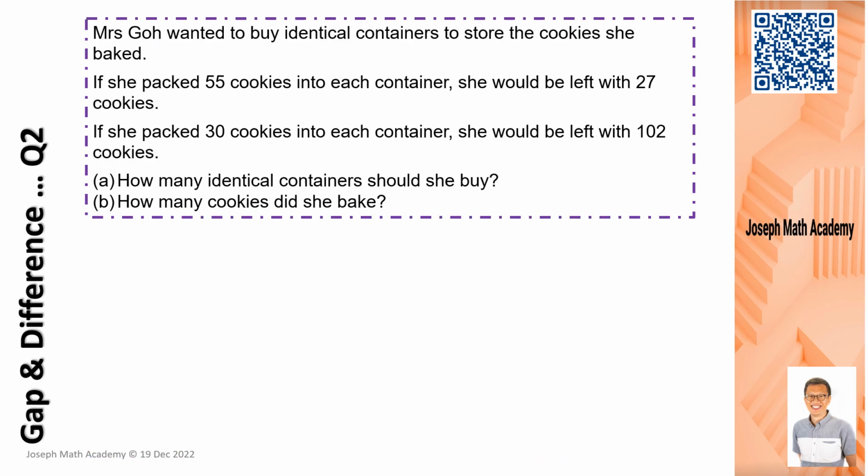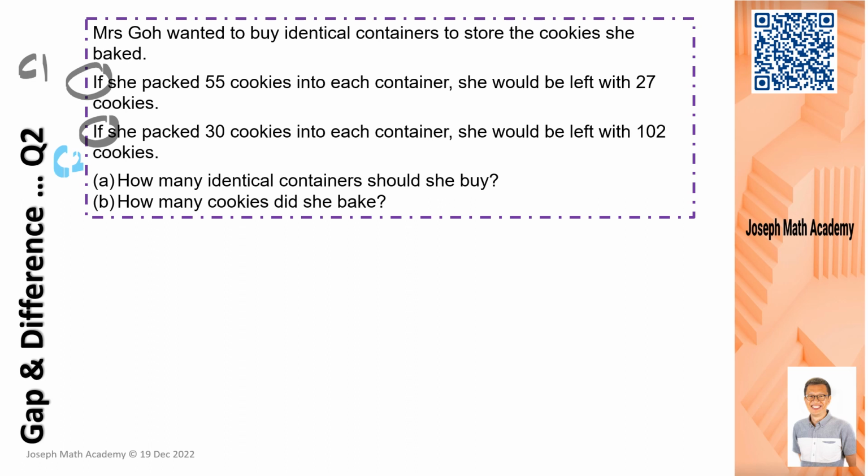Okay, so let me use gap and difference to solve this question. But to do this, it's always important to draw a model. So this is our case 1, and this is our case 2. I'm going to use a different color. Okay, case 2. So let's draw a model for case 1.